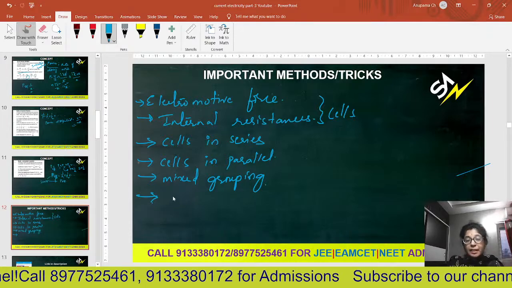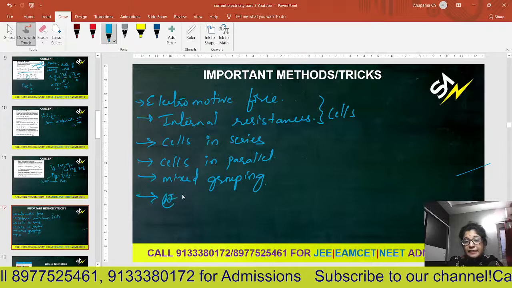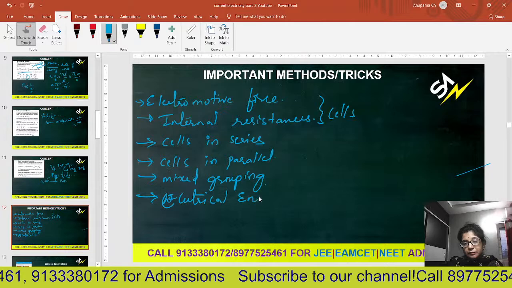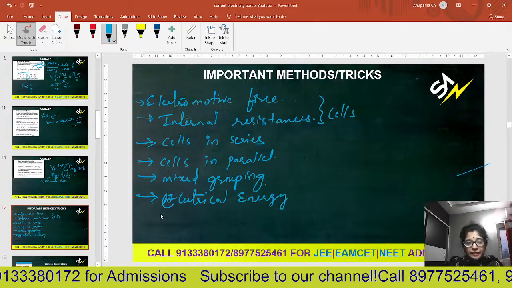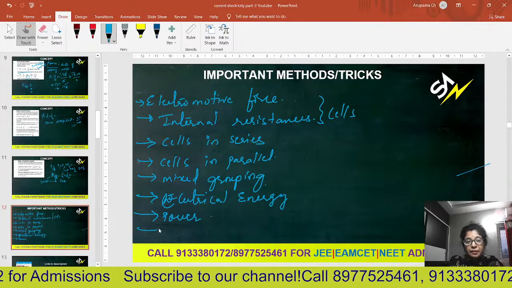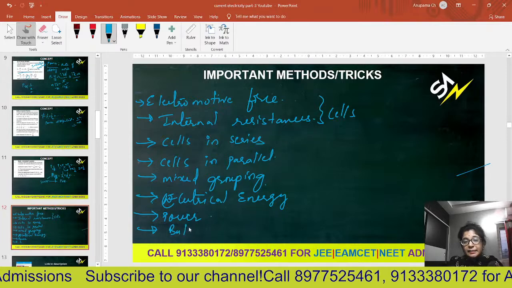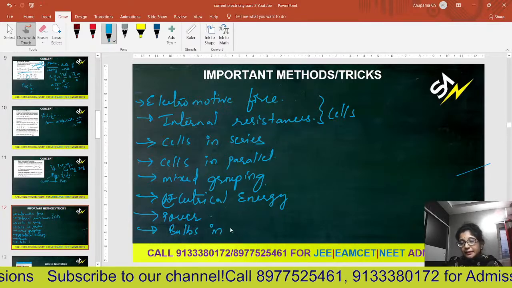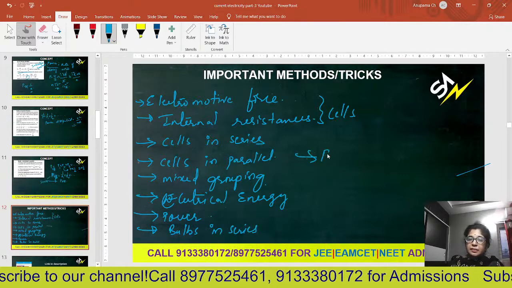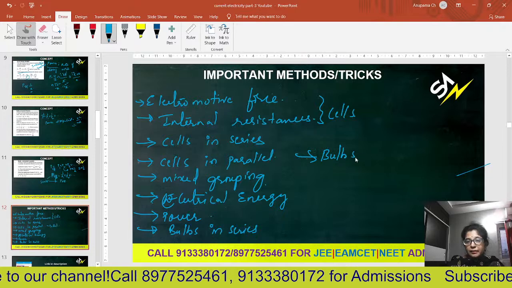And then we have learned about the electrical energy, that is work done. The next one is power, bulbs in series, and the next one is bulbs in parallel.